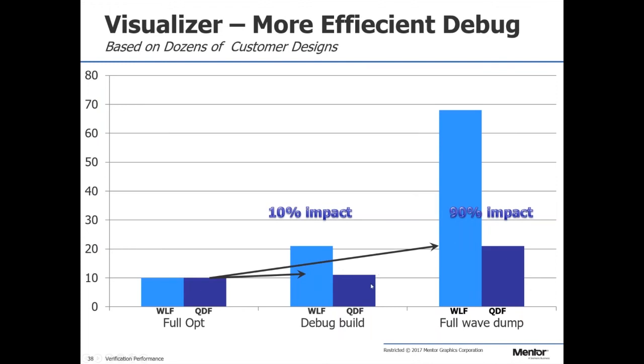And that is the way the waveform data is recorded is much more efficient in simulation. So if you're doing a regression run, you're not collecting any wave data. Let's say you had a simulation that took 10 minutes to run. Now you say, I need to debug this design.